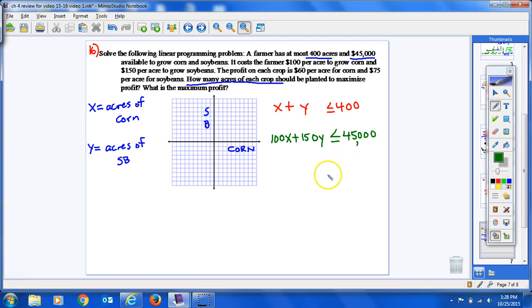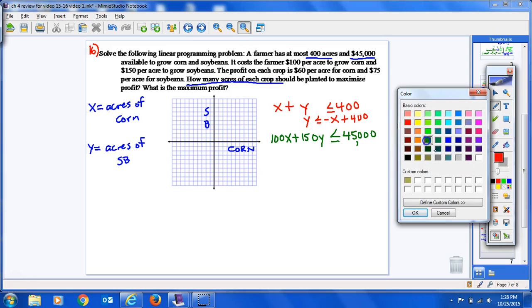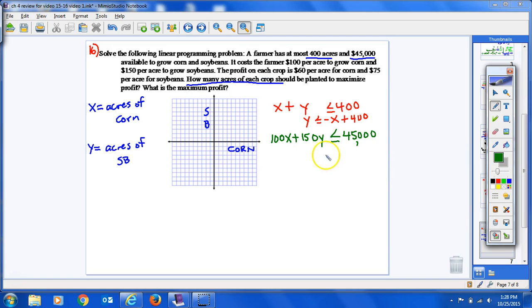All right, we're about to graph these two inequalities, so we know that means we have to first solve each of them for y. Let's do that real quickly before we do anything else. For this one, I'm going to need to subtract 100x, and then divide everything by 150.